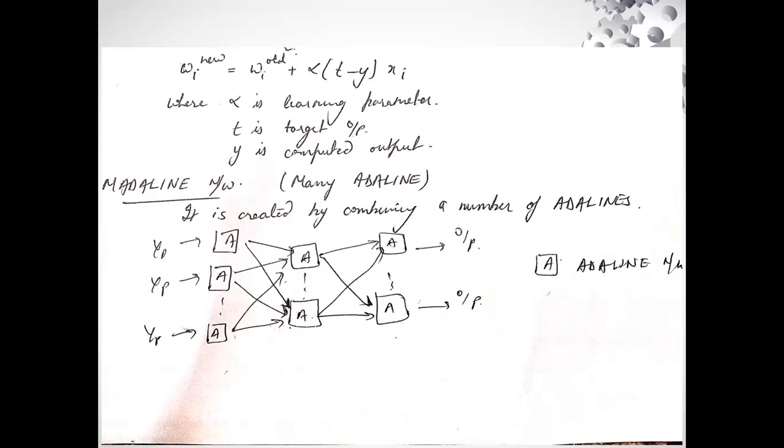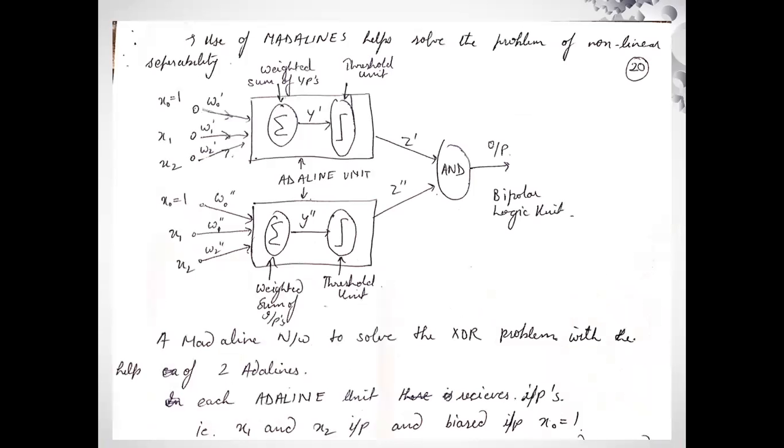So it is created by adding a number of Adelines. There is input, and there is a network of Adelines, and then we put the output. So let's see. This is the one which is going to help you solve the non-linearly separable problem.